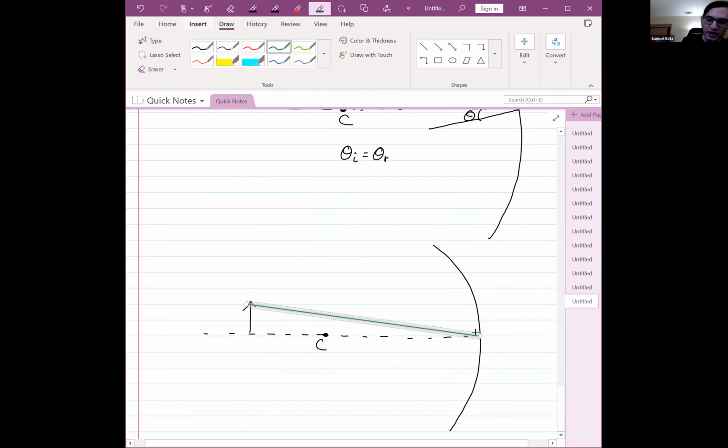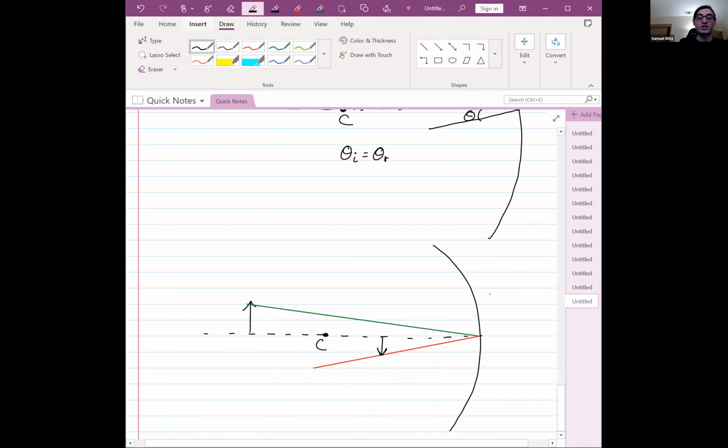So it would be something like this, and its reflection would be something like this, right? I don't know where the image is, and we could figure out where the image is just by doing one more diagram, but we don't need to. Let's just say that the image appears here, just for example.